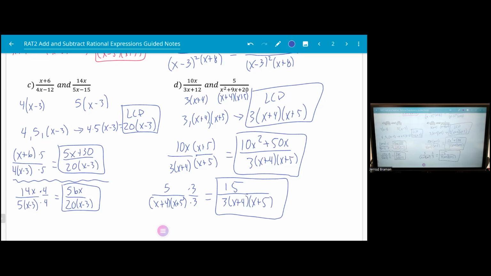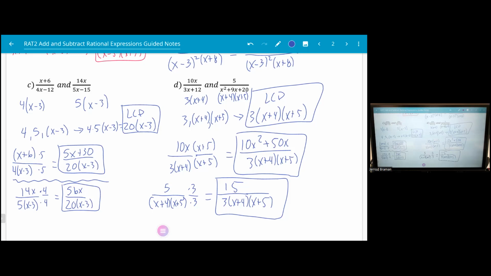For letter D, we have 3 times (x plus 4) as our first denominator, and (x plus 4) times (x plus 5). So if we list out our factors, we have 3, x plus 4, and x plus 5. To get our LCD, we'd multiply those together. In my first rational expression, I just have to multiply the numerator and denominator by x plus 5 because that's what it's missing, to end up with (10x squared plus 50x) divided by 3 times (x plus 4) times (x plus 5).